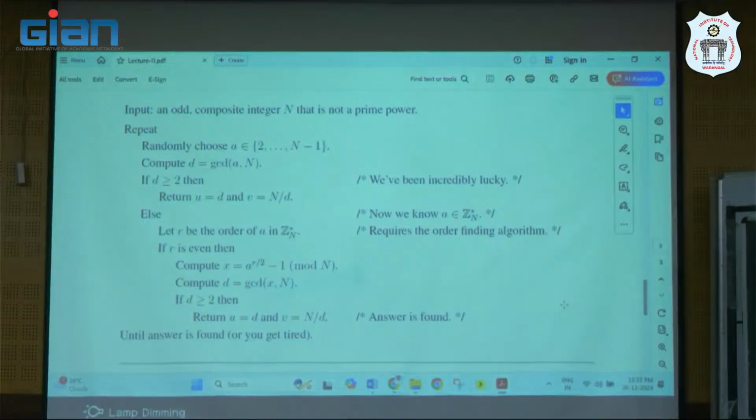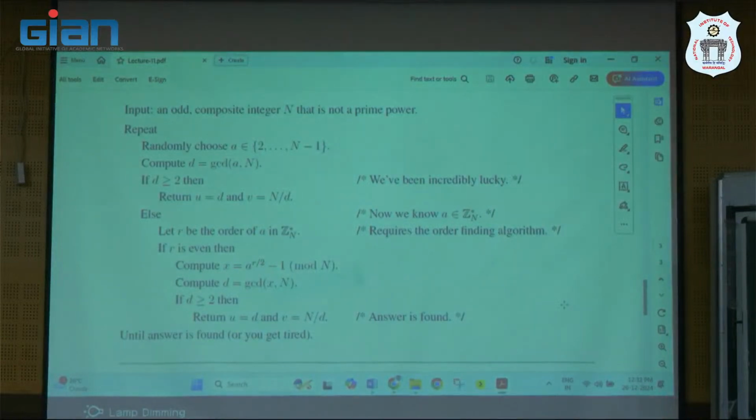What happened? If a number is not a prime power, would the number itself become a prime? No, 15 is not a prime power. 15 is like 3 to the power 1 into 5 to the power 1.